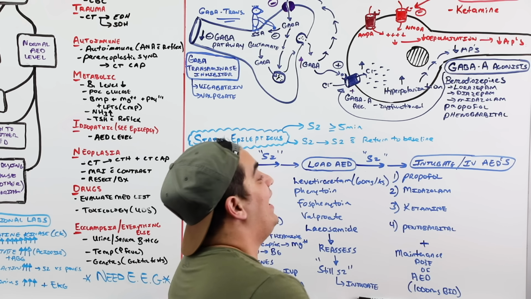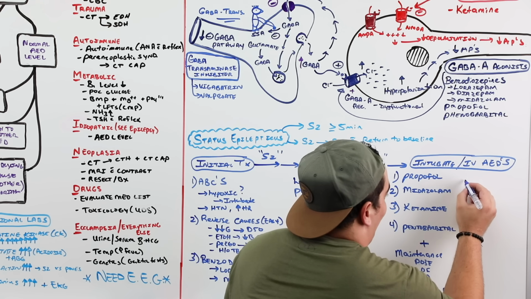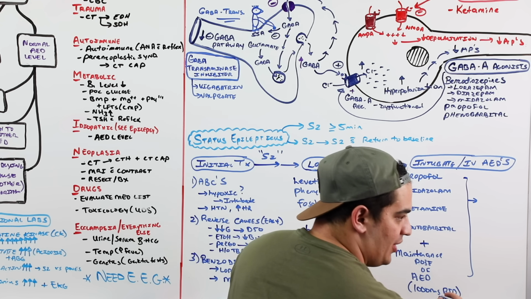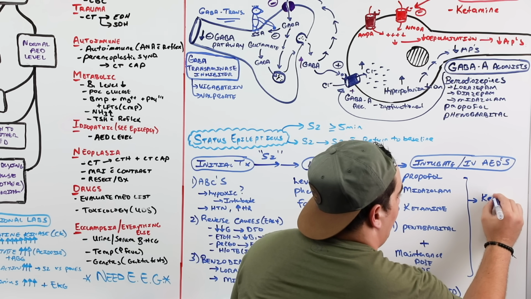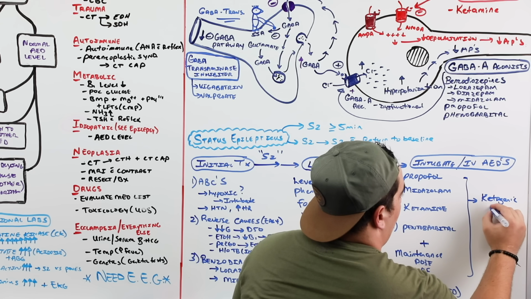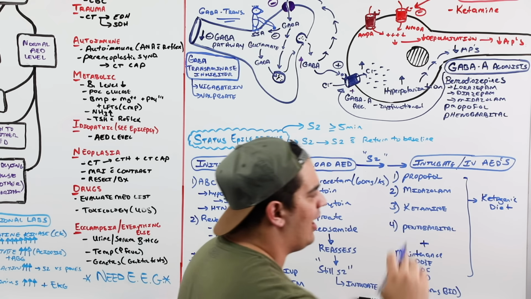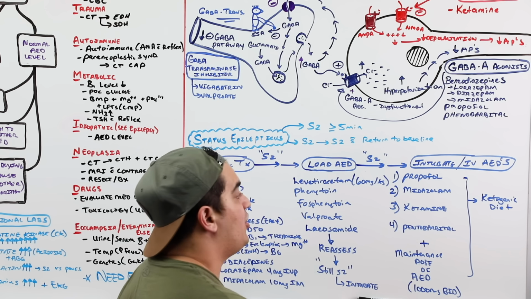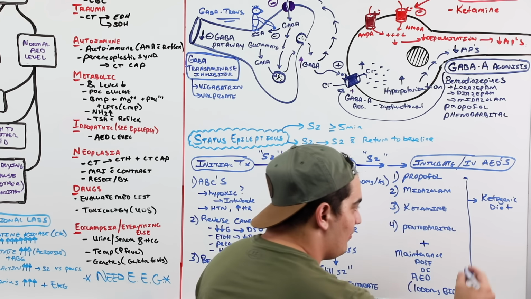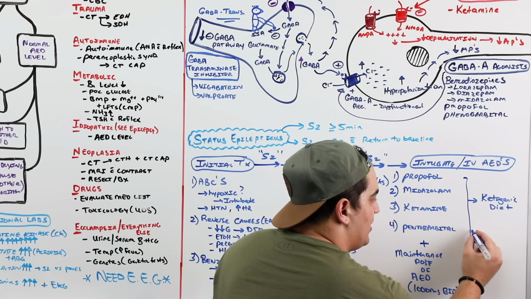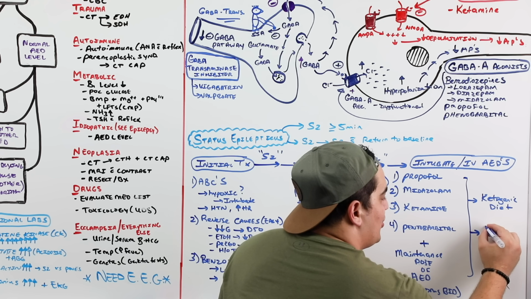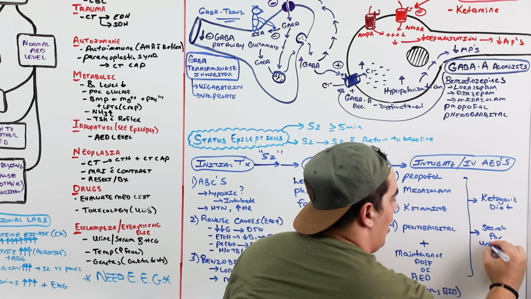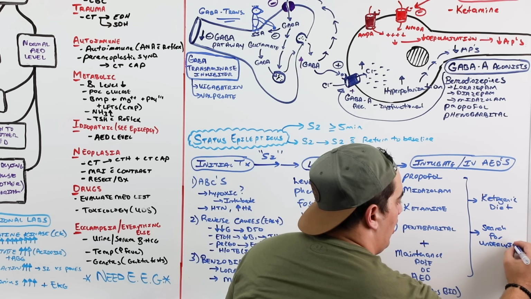If these still haven't worked, then sometimes you may even start exploring other options, such as the ketogenic diet and other downstream options as well. And once you get into this part, if you still have the person seizing, again, search for underlying cause.